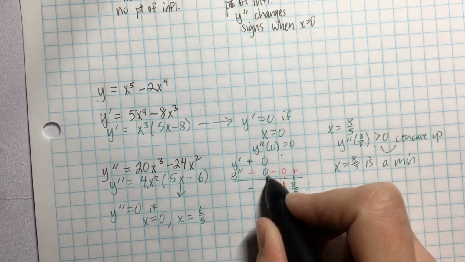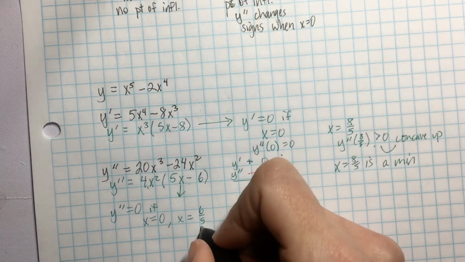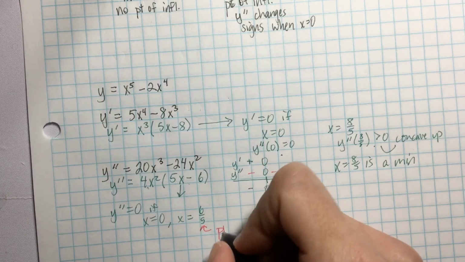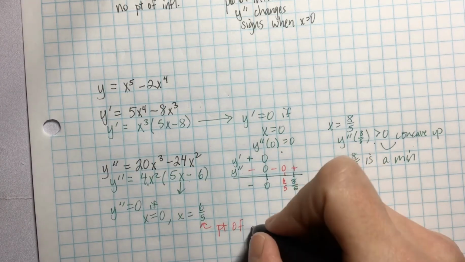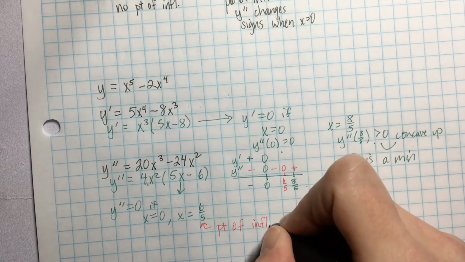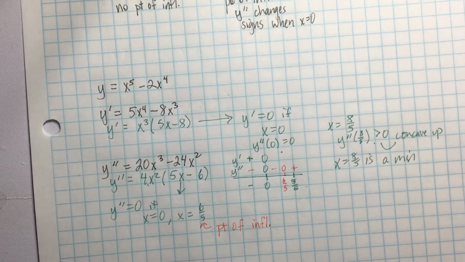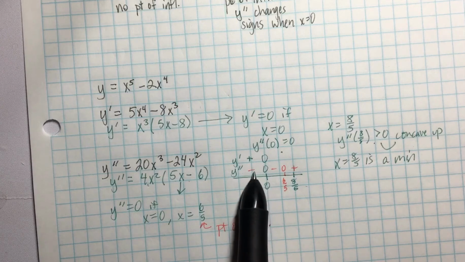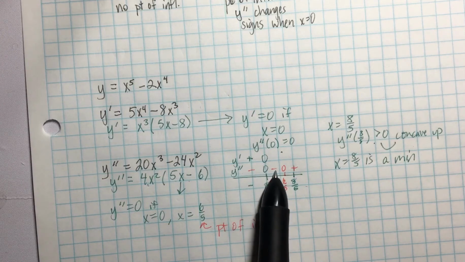So I can definitely see I have a point of inflection at x equals 6/5, because f double prime changes signs. Now looking at x equals 0, though, it's negative and then 0 and then negative.